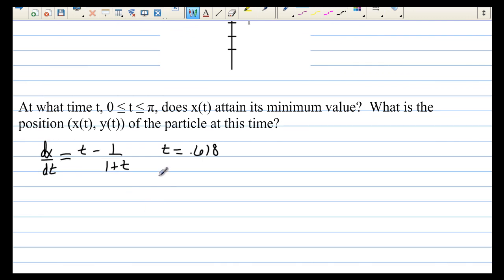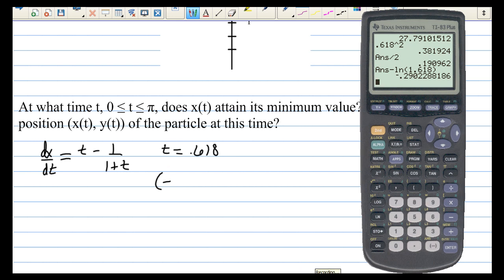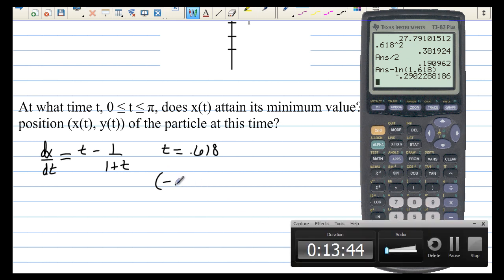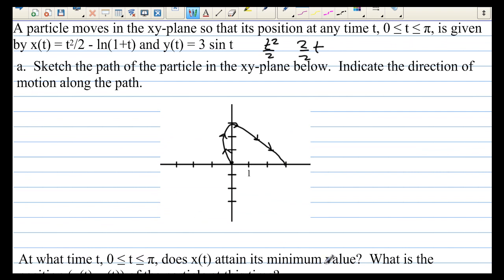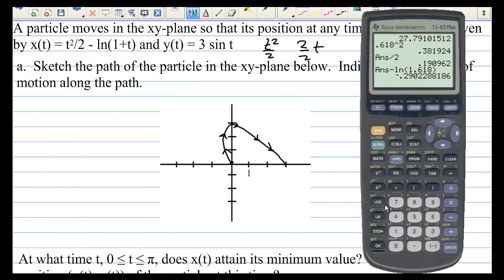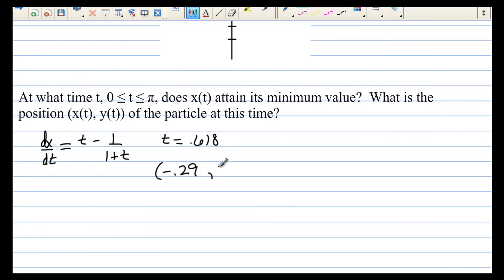So x of t is negative 0.29. And the y value is 3 times the sine of the value, so 3 times sine of 0.618, which is 1.738.